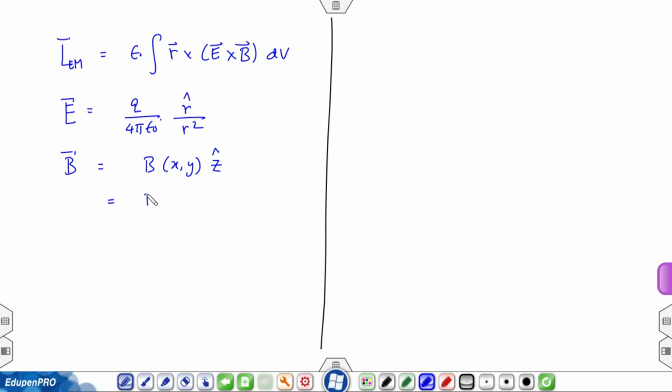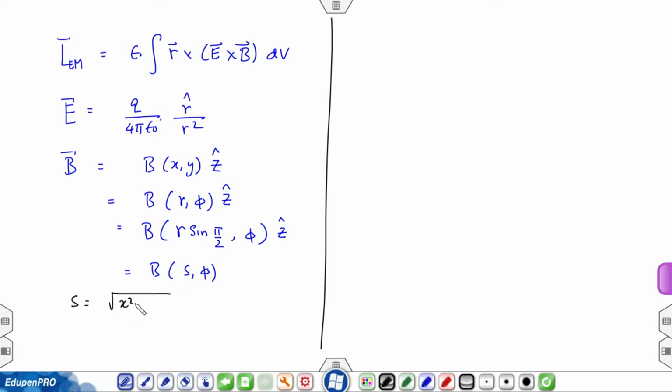So, B actually depends only on r and phi in the z direction, or even better, B depends on r sin pi by 2, which is basically the coordinate in the x y plane. I can also write it as B s phi, right, where s and phi belong to the cylindrical coordinate. S is nothing but square root of x square plus y square, phi is tan inverse y over x.